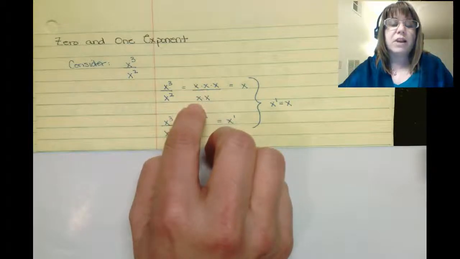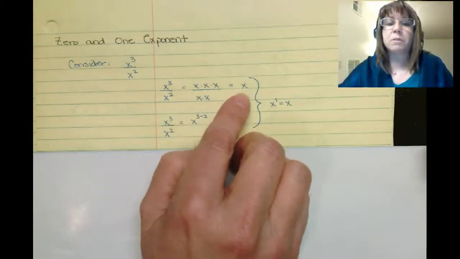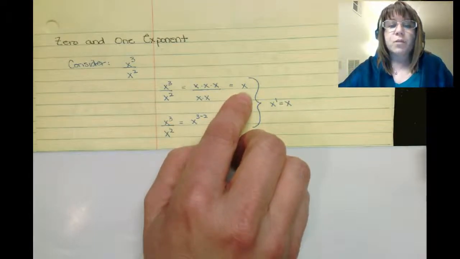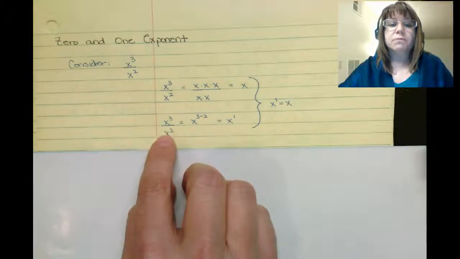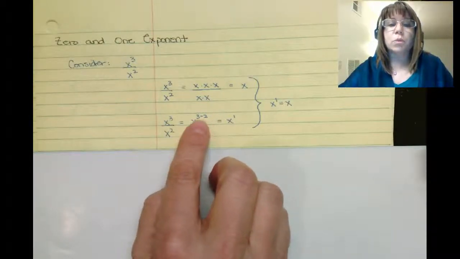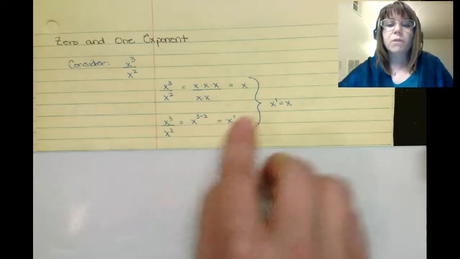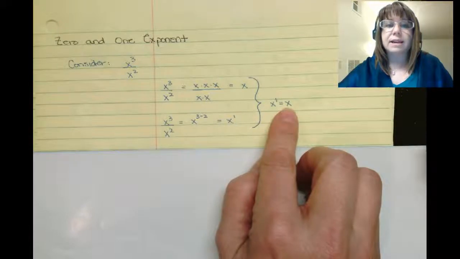Well, the x over x and the x over x are just 1, so that leaves, pardon me, x. If we use our property, x cubed over x squared is going to be x to the 3 minus 2. Well, 3 minus 2 is 1. So we know x to the 1st power equals x.